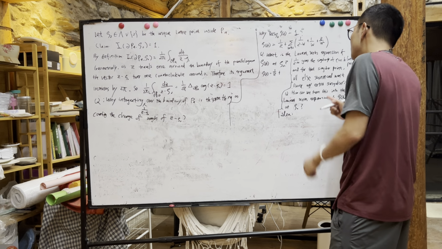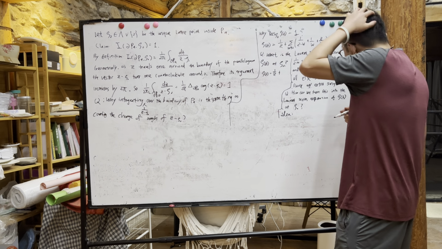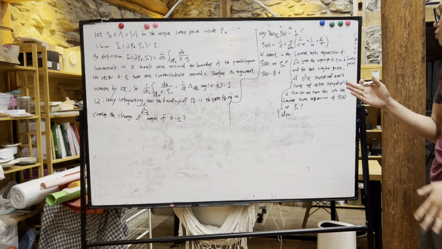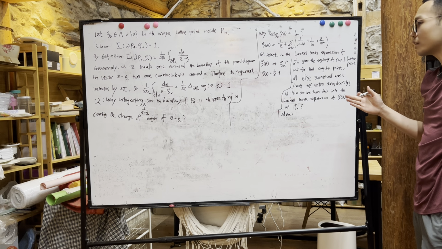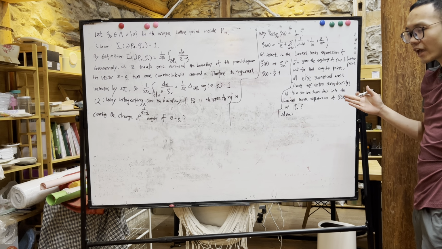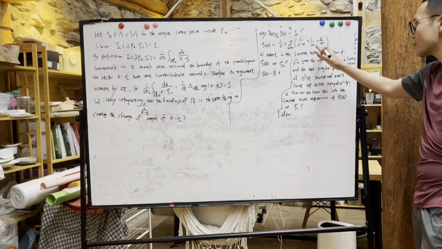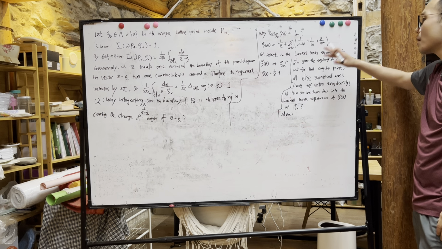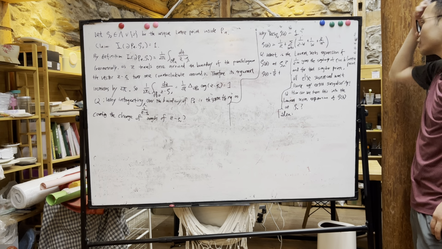So how can we utilize this idea? Contributing nothing to the singular part means that if we do the Taylor expansion of everything else, centered at zeta naught, then there is no singular part.